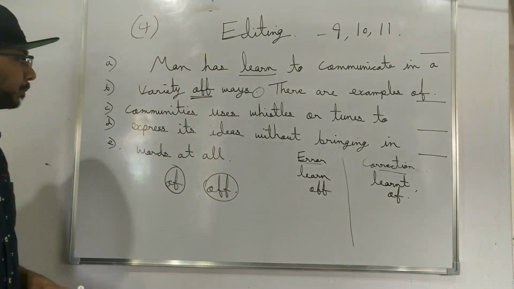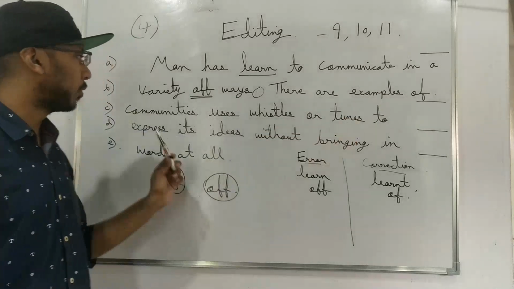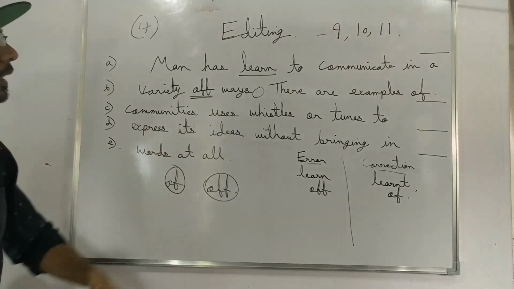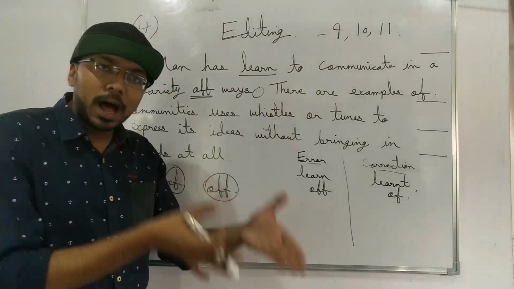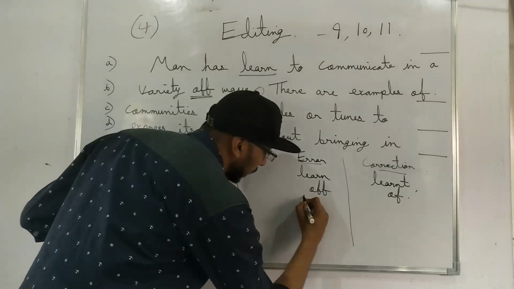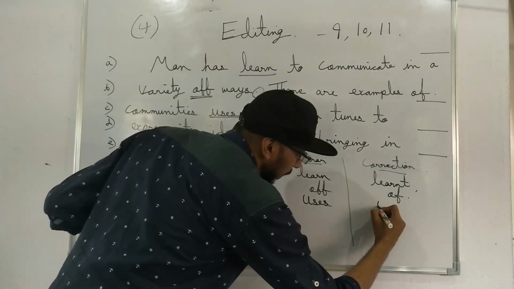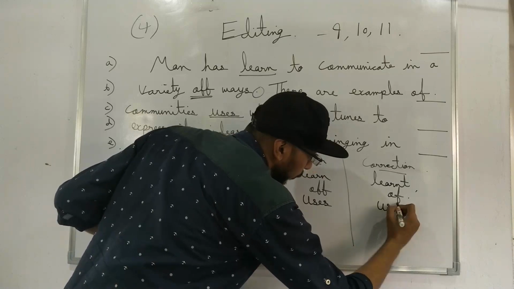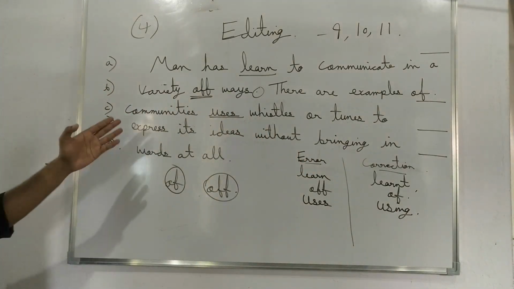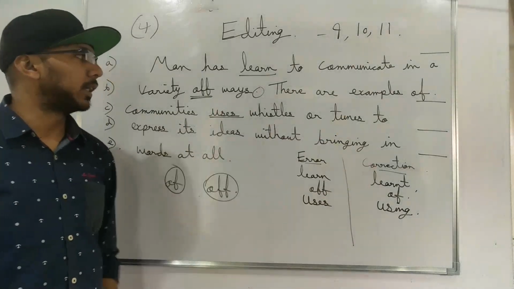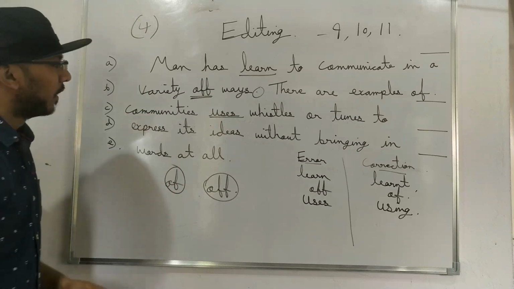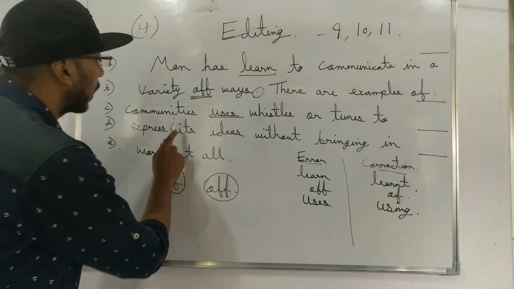We move forward. There are examples of communities uses whistles or tunes. Examples are present. There are examples. So why we will use uses? We will use using. Uses will convert to using. There are various examples of communities using whistles or tunes to express its ideas. Why its? We are talking about the ideas of the communities.